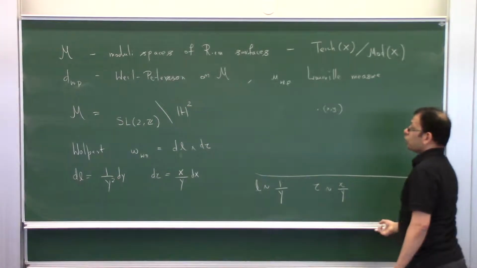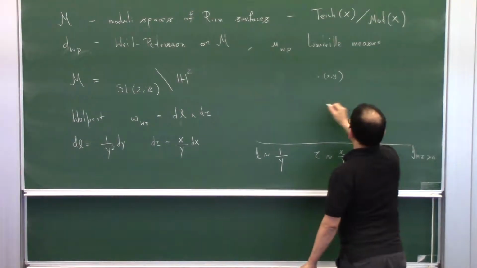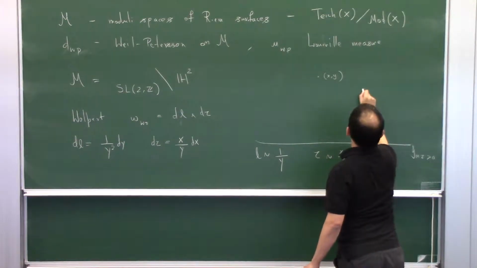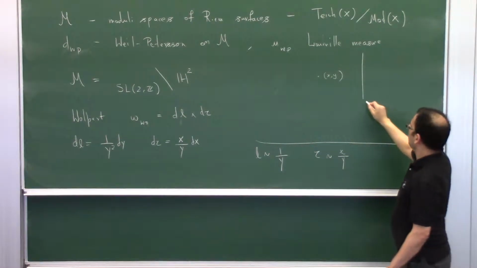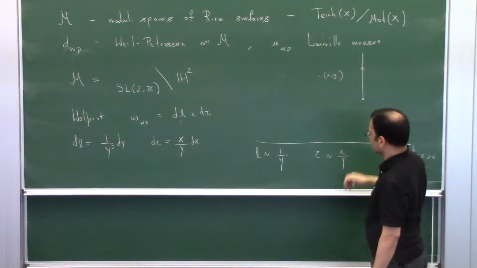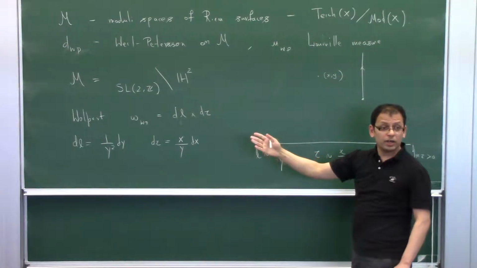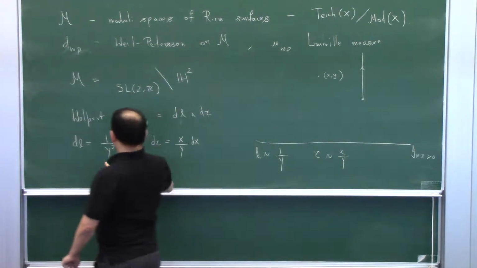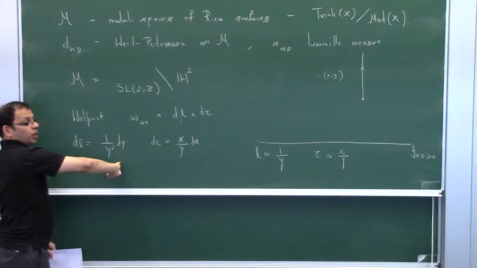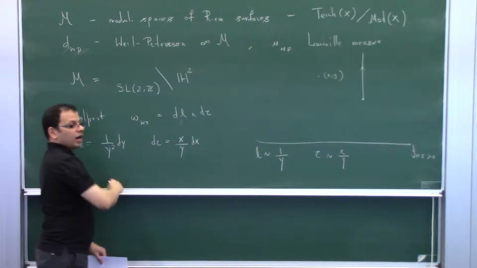Once you see y cubed, you also see that, for example, if I take a path that goes straight off to infinity, now your x is fixed, and we are integrating 1 over y squared dy going up.